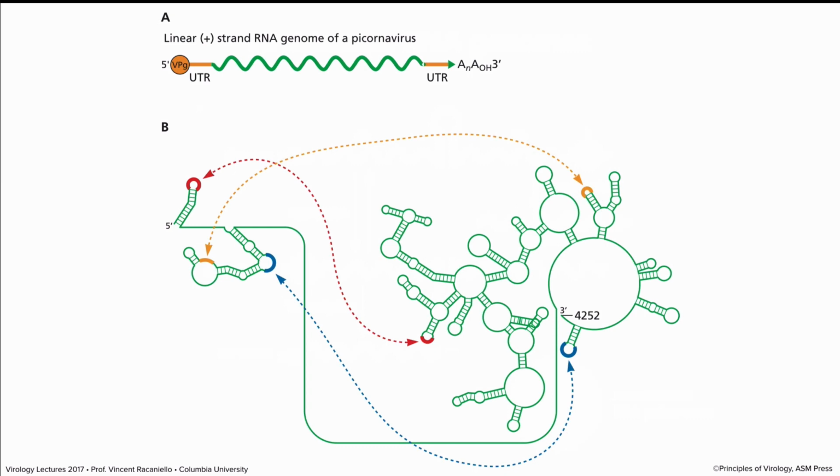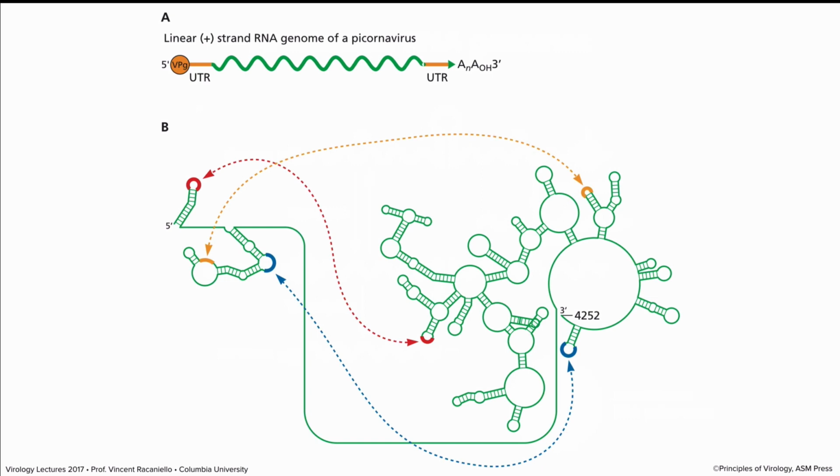These are areas where the RNA base pairs with itself and makes a structure, a very highly stable structure depending on the bases involved. And RNA viruses typically are loaded with these. You can see this part of the RNA has multiple stem loops that go on and on and on throughout the genome. And these stem loops are important. They interact with proteins and they mediate many of the basic functions of the viral genome. But there's also long-range interactions.